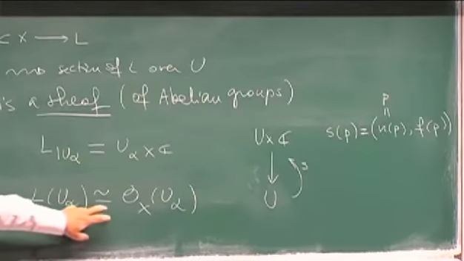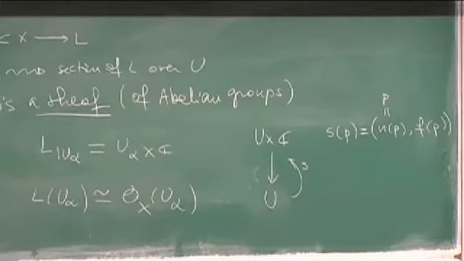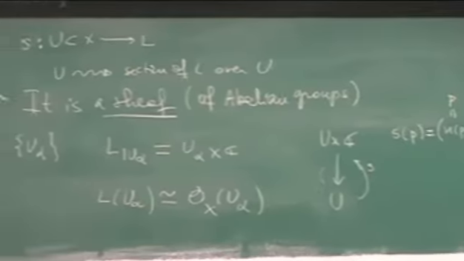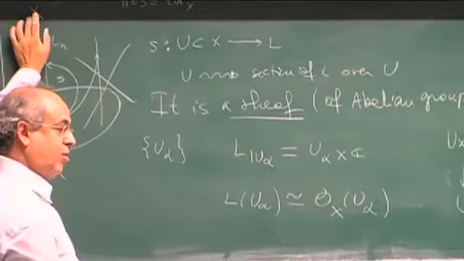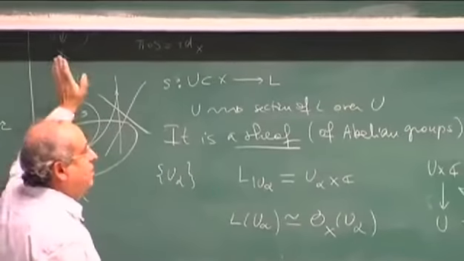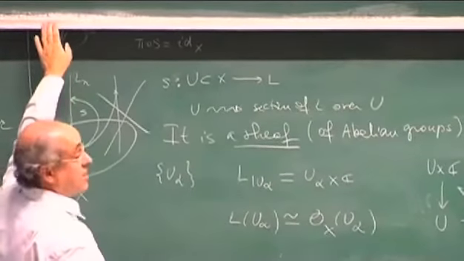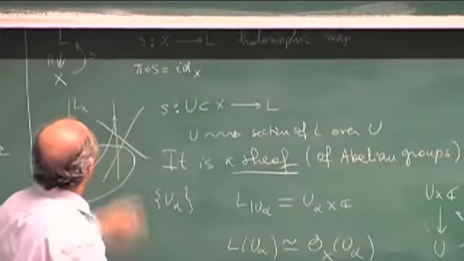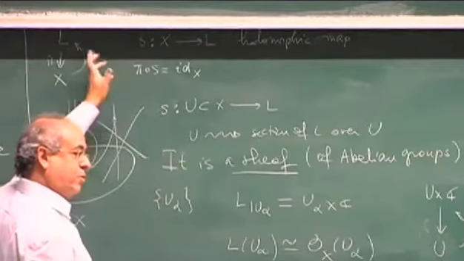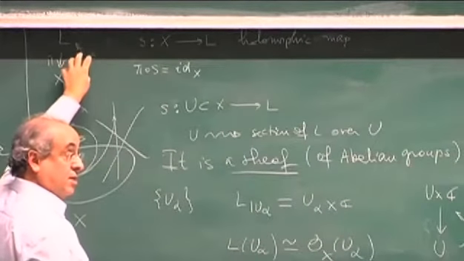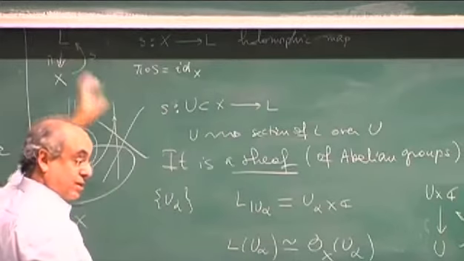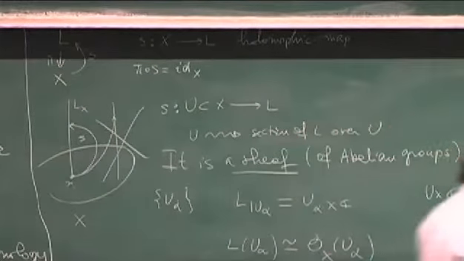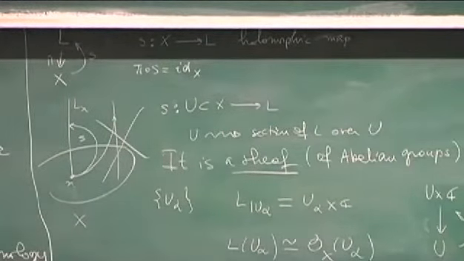Indeed, while it's always true that if I choose U alpha small enough, I do have sections, it may happen that if U is too big, for instance, the whole of X, there are no sections at all. But otherwise, this terminology section, which for bundles has a different meaning, actually coincides. If I look at a line bundle as a sheaf, the two terminologies coincide.